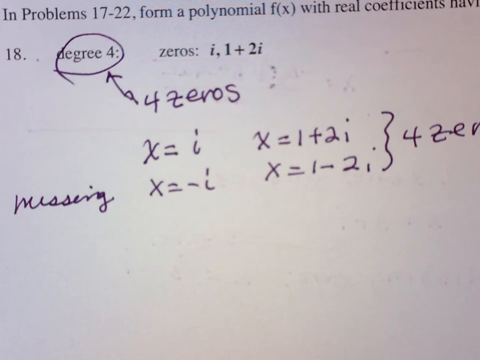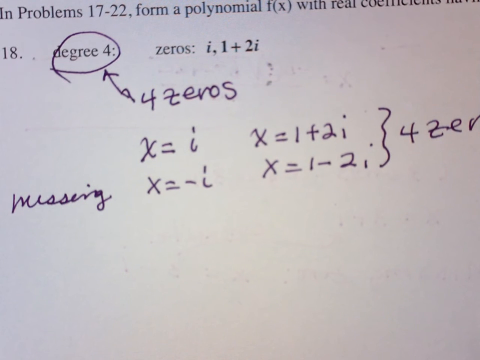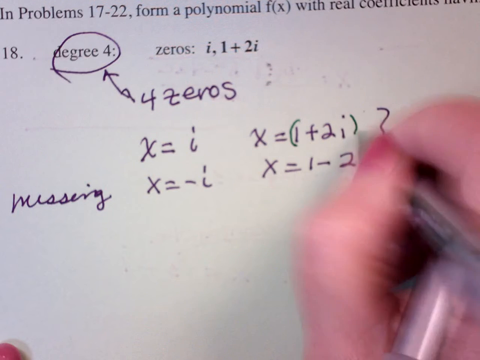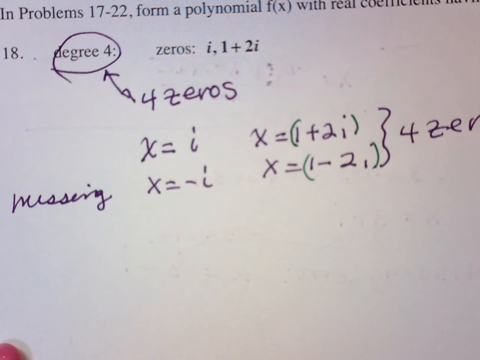So now, if I know the zeros, then I know the factors. Now, I'm dealing with more than one term here. I'm going to put it in parentheses. It makes my life so much easier.